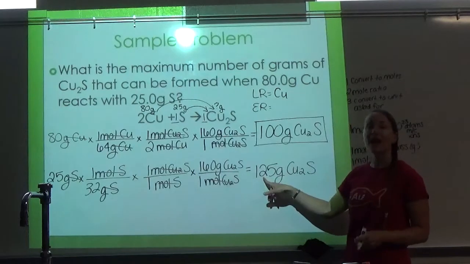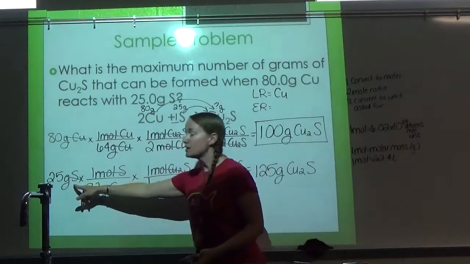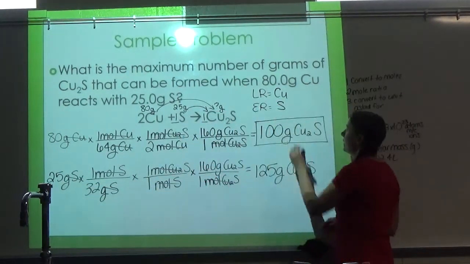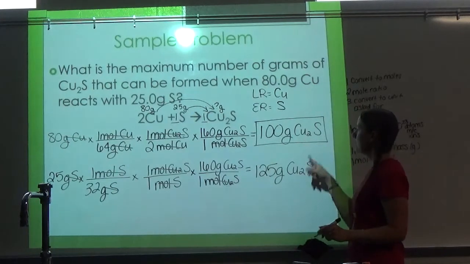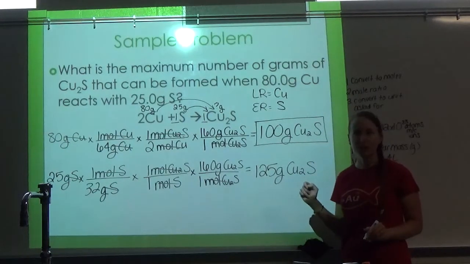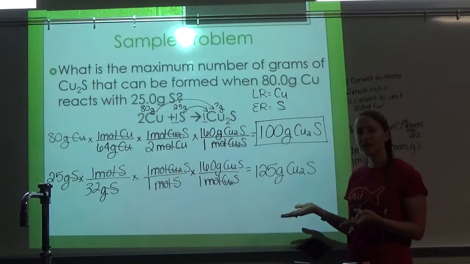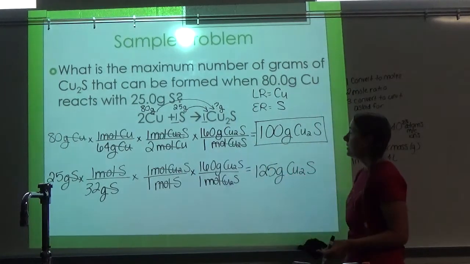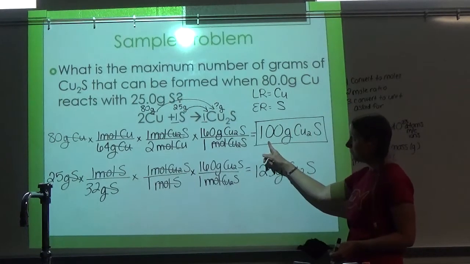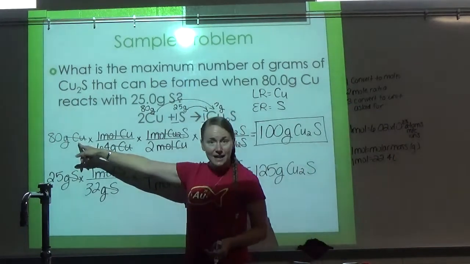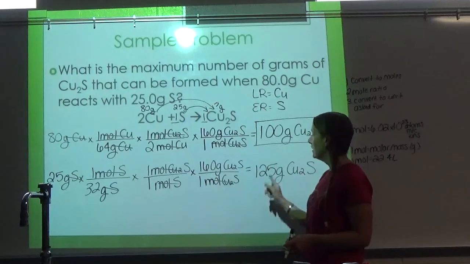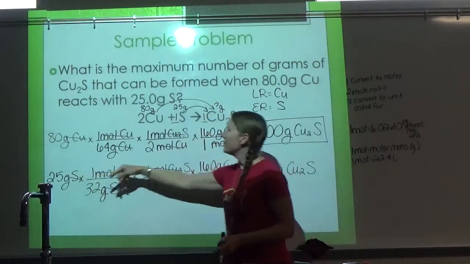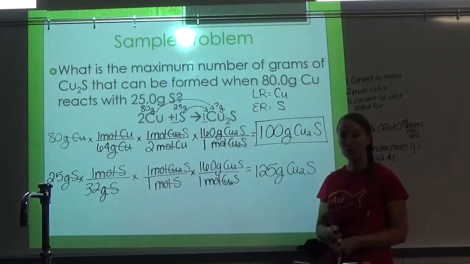And then whoever made the higher amount, which is sulfur, is the excess reagent. Okay, a lot of you like to tell me that Cu2S is the limiting and excess reagent. That doesn't make sense. Reagent is another word for reactant, and Cu2S is a product. Alright, so you find the lowest amount, and what made that is the limiting reagent, copper. You find the higher amount, and what made that is excess reagent, in this case sulfur.